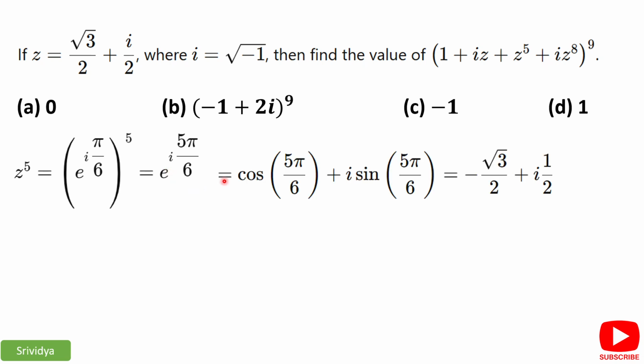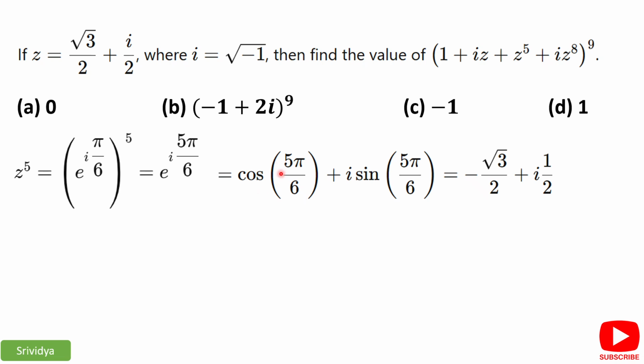Next, express this in polar form, so that we get cos of 5 pi by 6 plus i sin of 5 pi by 6. This is nothing but pi minus pi by 6, that is 6 pi minus pi by 6 is 5 pi by 6, which is in the second quadrant again. In the second quadrant, cos is negative.